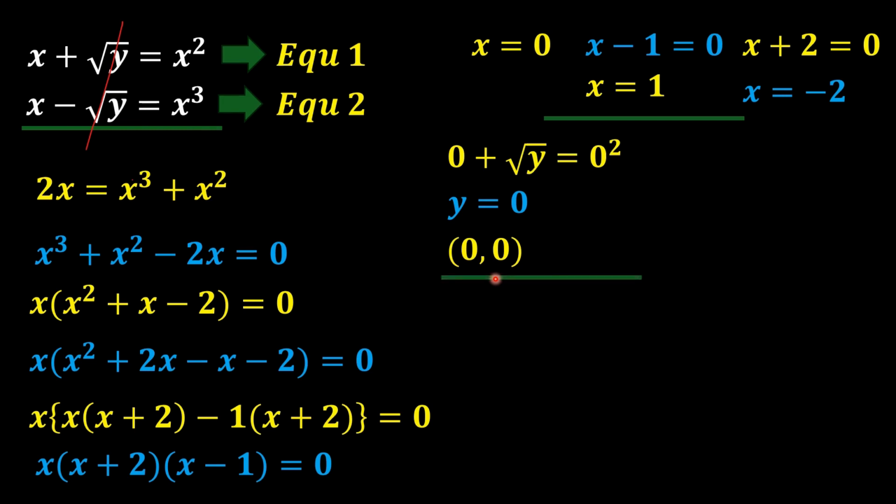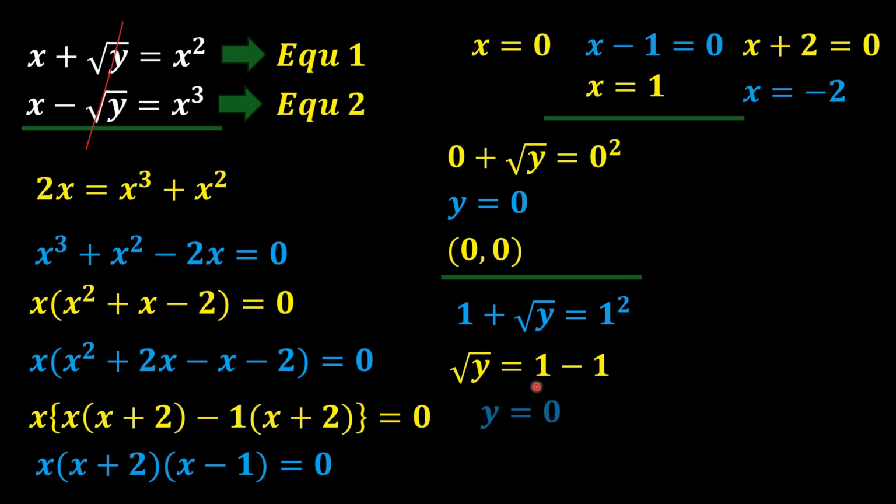Now in the next step, we should replace x is equal to 1 inside equation number 1. As a result, we should get 1 plus under root y equal to 1 square. In the next step, this plus 1 will go to the other side of the equation and convert into minus 1, and square of 1 will be equal to 1. Under root y will remain the same.